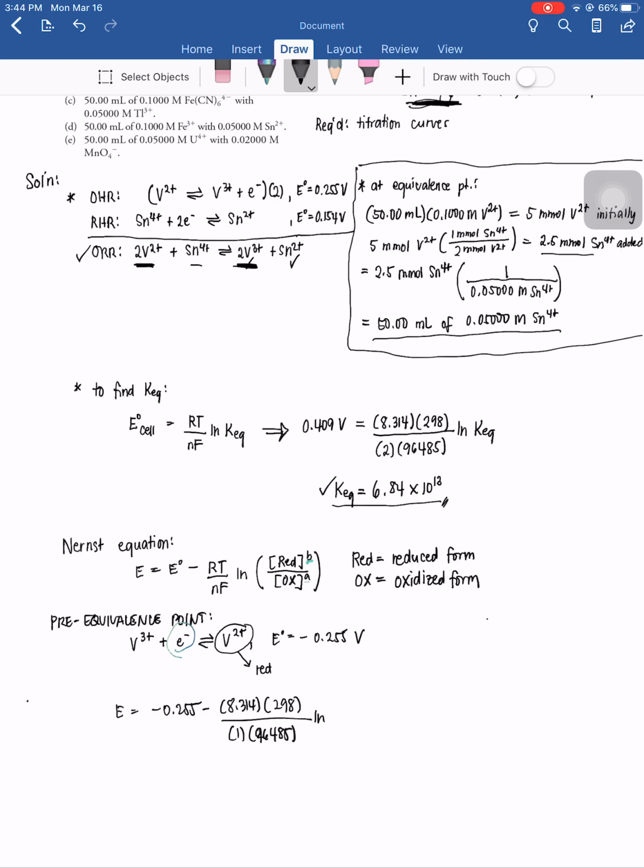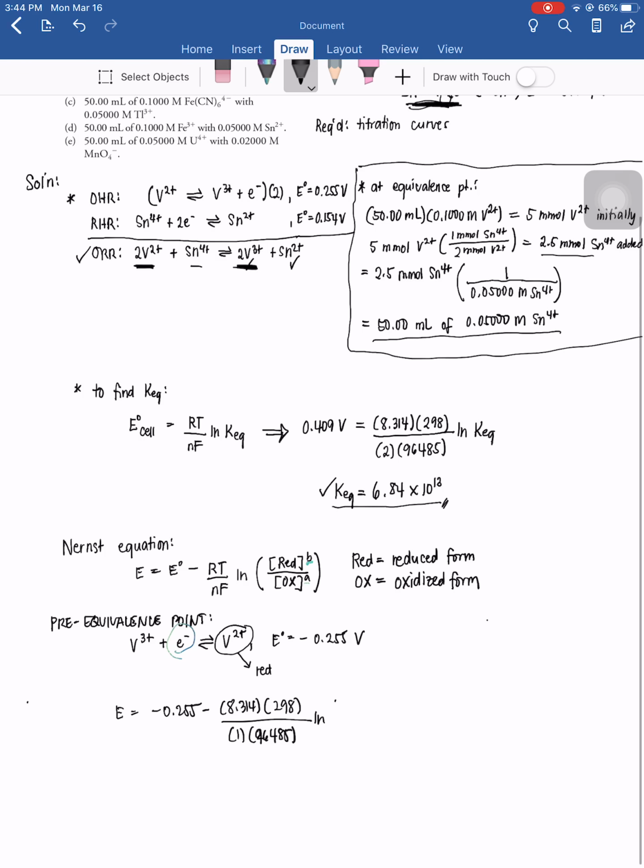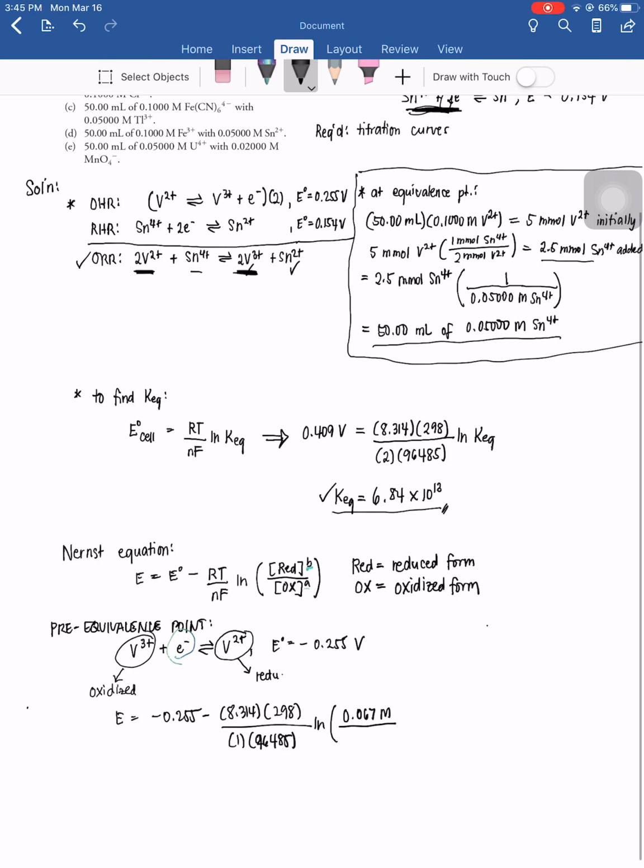So for vanadium 2, we already took note last time. Our concentration for vanadium 2 plus is 0.067 molar, divided by the concentration of the oxidized species or the oxidized form, which is this one, yung nasa left side ng half reaction from what we've listed on the table.